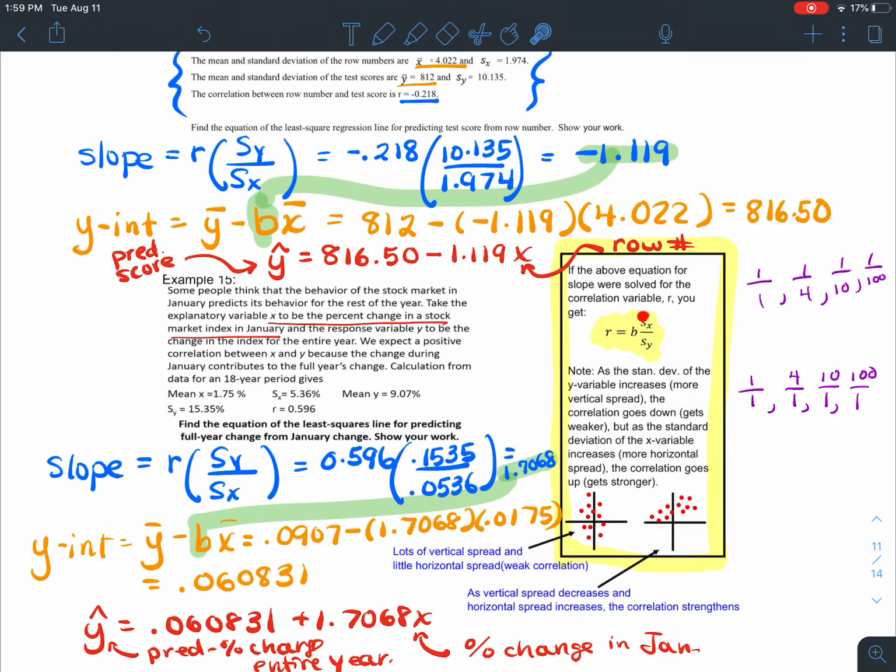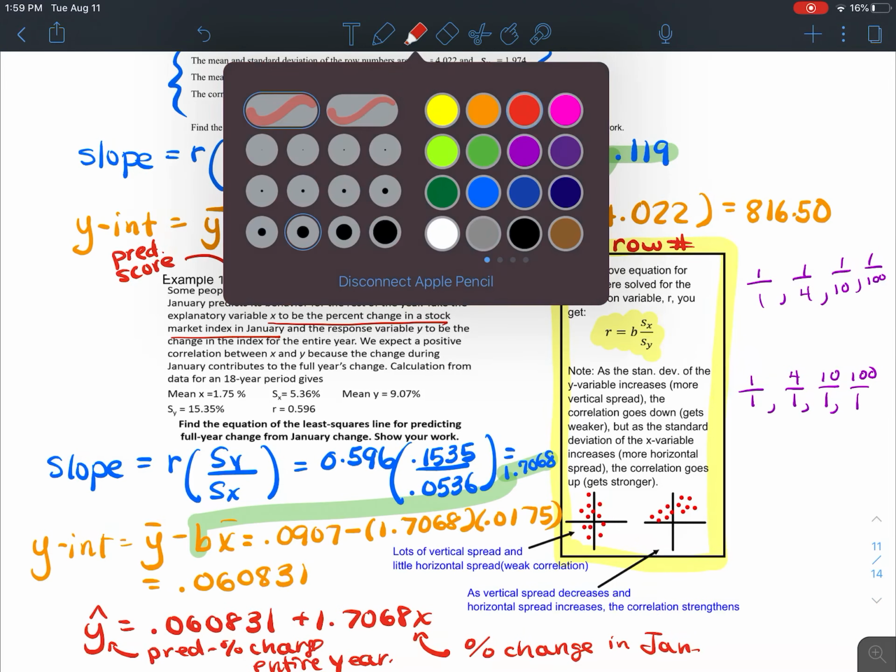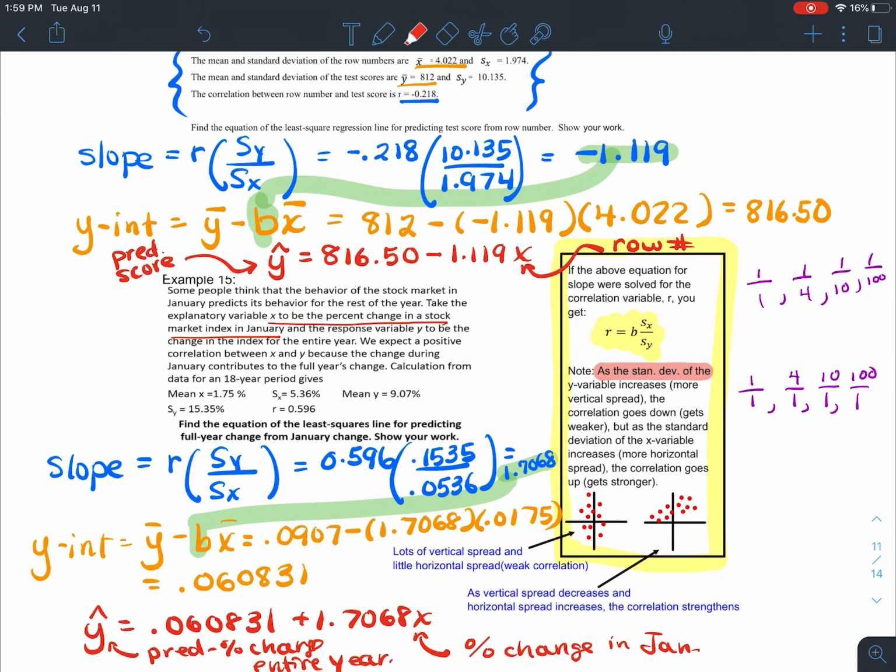If I increase the numerator, the whole fraction increases. So if I increase the spread of the x's, the horizontal spread, that causes my correlation to go up and get stronger. As my vertical spread goes down but my horizontal spread increases, that actually strengthens the correlation.